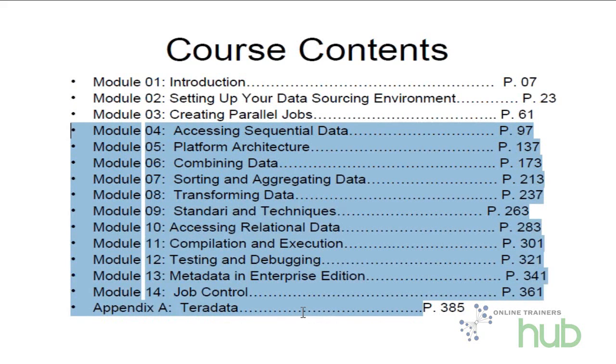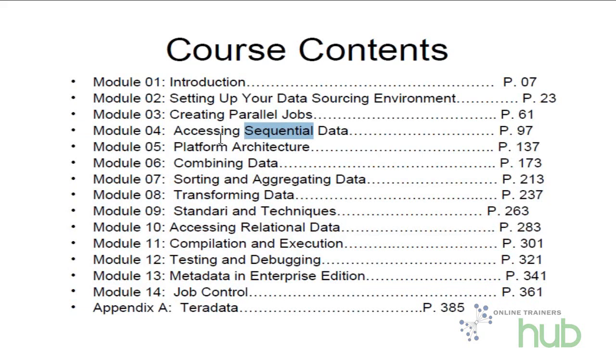So from here, the specific topics will get started, which means how to read sequential data, and what the platform architecture is in terms of hardware and software. That is, what are the different hardware environments where DataStage is going to be supported, like single host system and multi-host system, or SMP, which is symmetric multiprocessor, or clustered grid-based multi-host, or MPP, which is massively parallel processing systems.